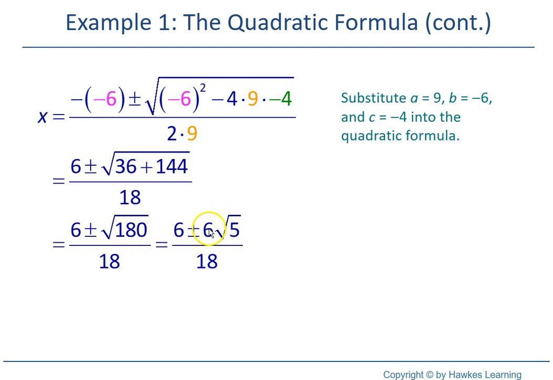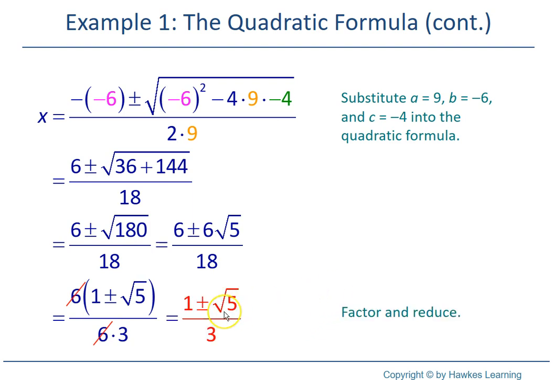The square root of 36 gives you the 6, times the square root of 5. And then what do you think can be done here? Well, you can factor out a 6 from each of these terms, and this is 6 times 3. So you will cancel these out, and then your final answer will be this.